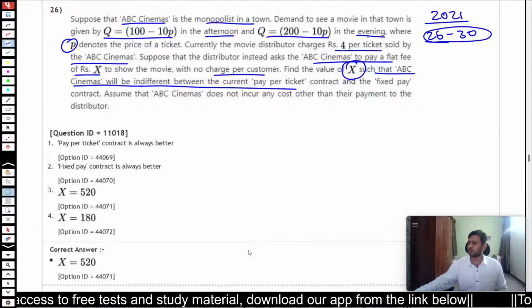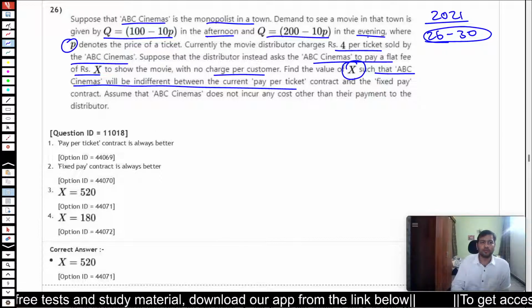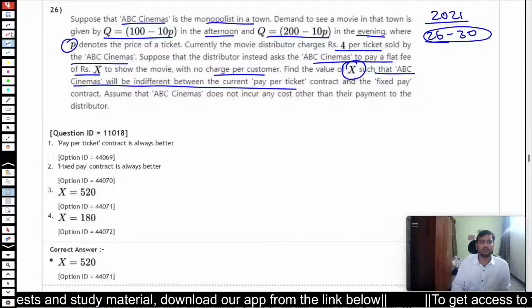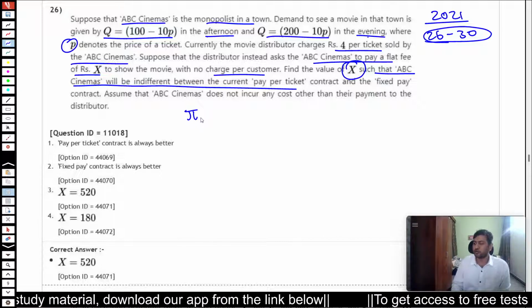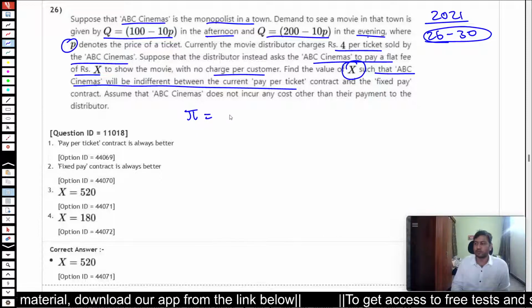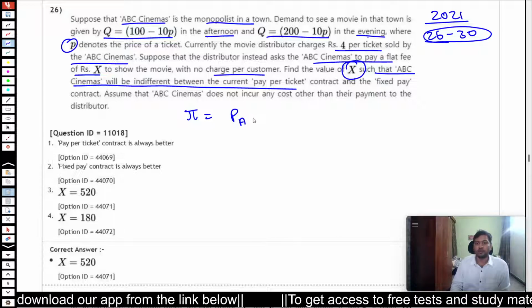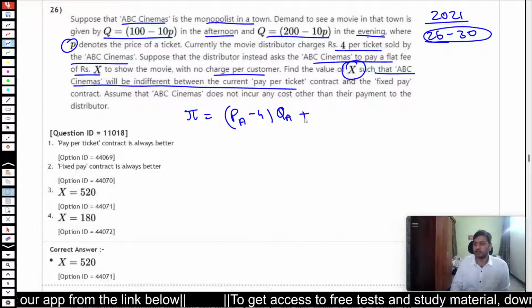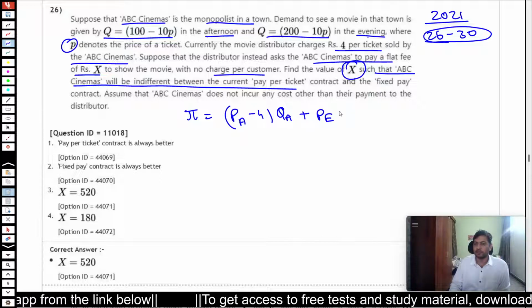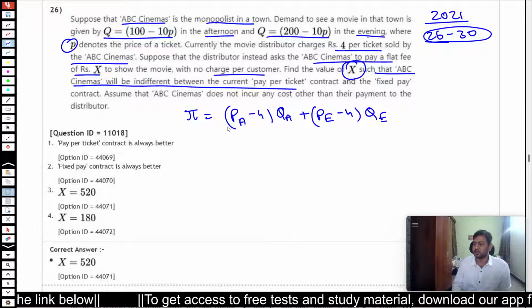Okay, so in order to do that, we'll just write down the profit function of this particular firm. So profit, in the initial case, is equal to price of afternoon minus 4 into quantity in afternoon, plus price of evening minus 4 into quantity which he sells in evening.